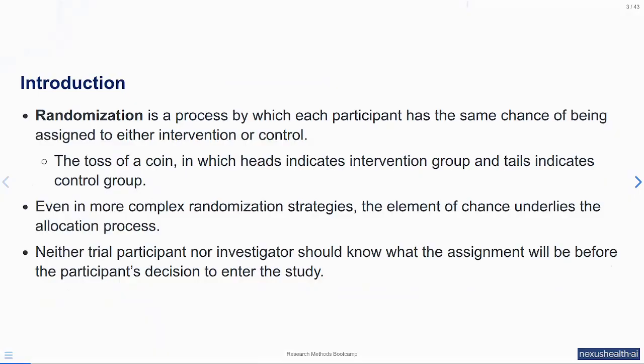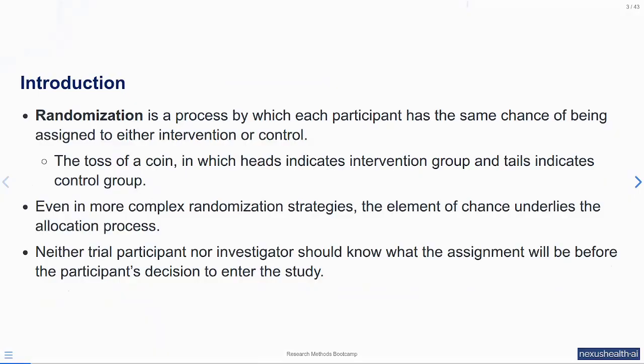If the coin is a fair coin, then the participant has a 50% chance of belonging to the intervention group. So we can say that there's a 50-50 chance of the participant being assigned to the intervention group. And so we're able to tell the probability with which the participant will be assigned to either of the groups.